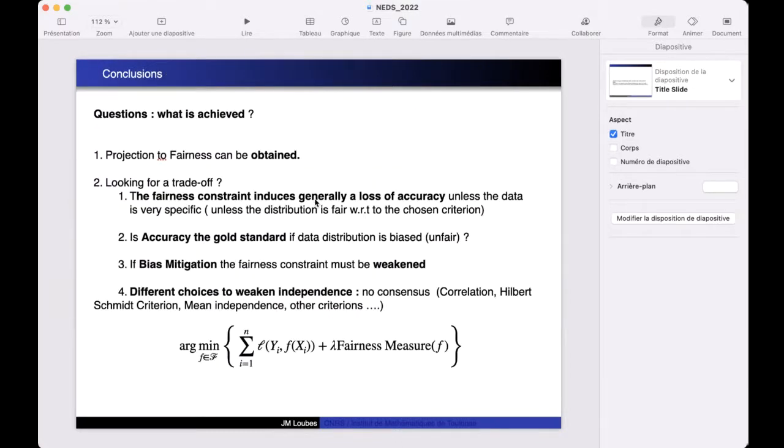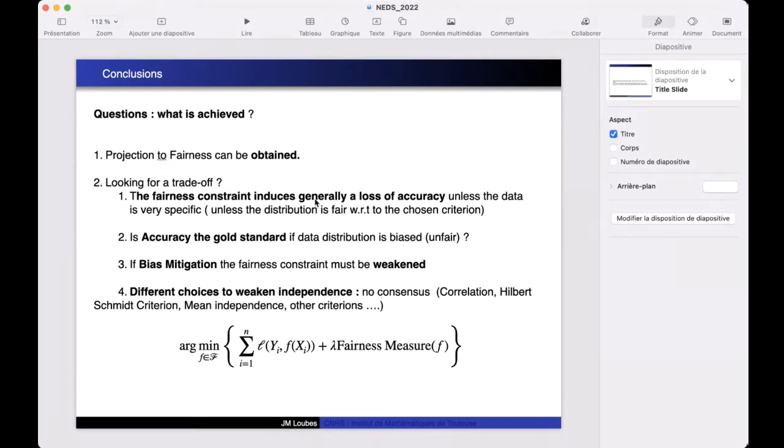The question now is, what have I achieved? In fact, I have just shown you that if I want to be completely fair, then I can do it, because I can project. But I have just shown you that it comes at a cost. It's a loss of accuracy, and I have a way to control this loss of accuracy.